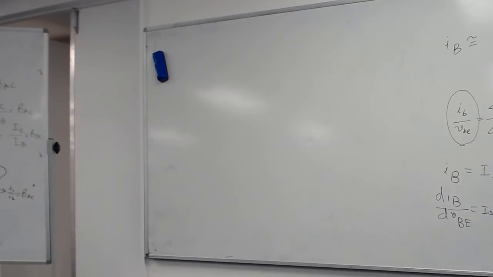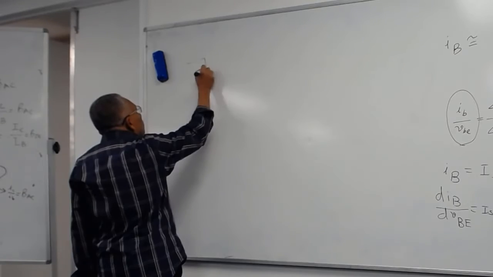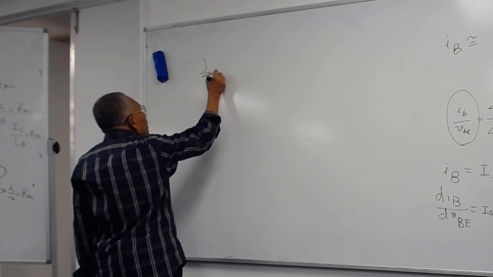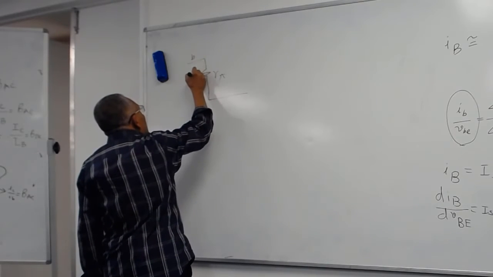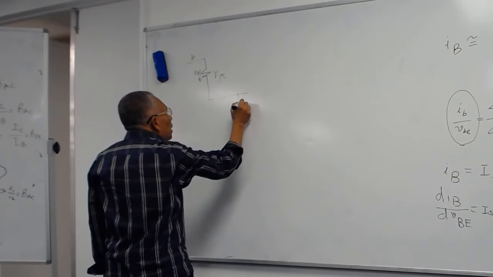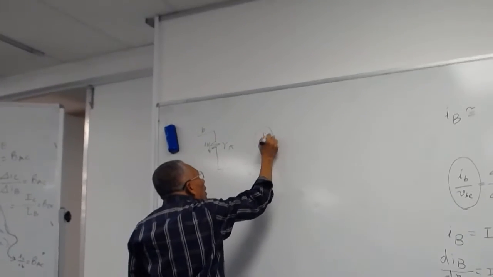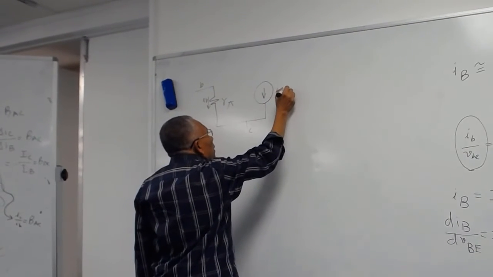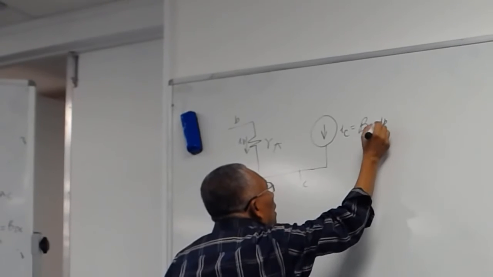So we have developed this pi model, which is this, we take it here. R pi, this is base, this is IB going this way, this is emitter, this is IC equal to beta AC into IB.